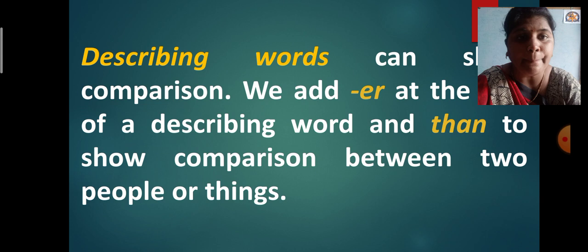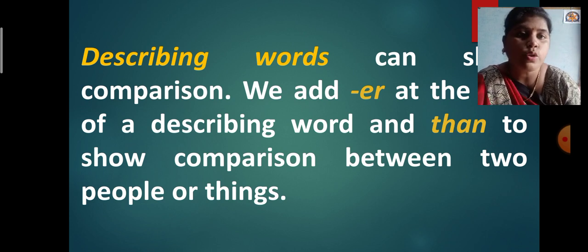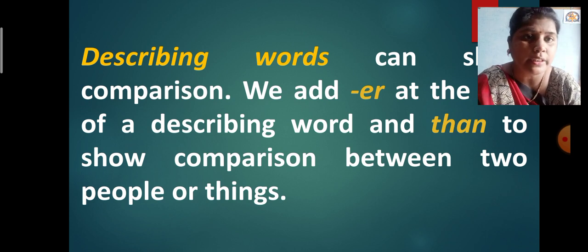But if we compare between two, like Arjun's handwriting is better than Gauri's, here we are comparing only with Gauri, so we use the word better, with er at the end, and than Gauri. So er and than we use when we compare two people or two things.